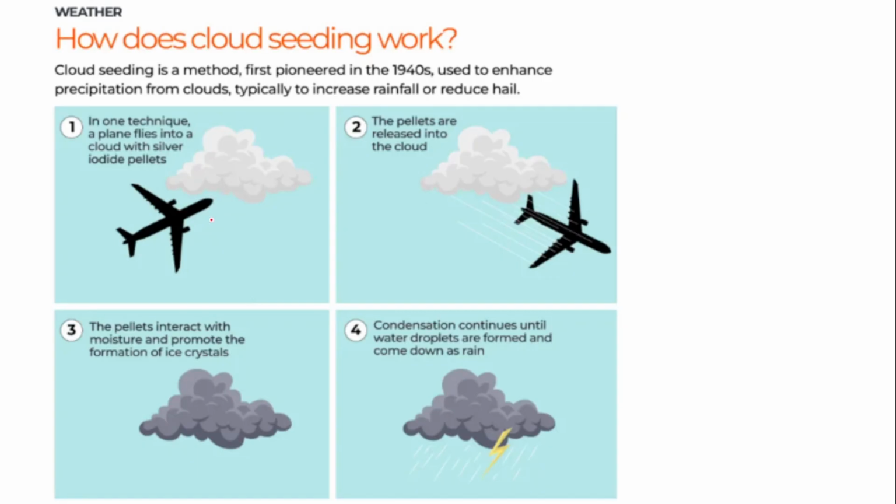You could see a flight here, a small aircraft, or even a drone. A small aircraft or a drone can be used for seeding the clouds. This technique is known as seeding the clouds. However, cloud seeding is not an ordinary or easy process.